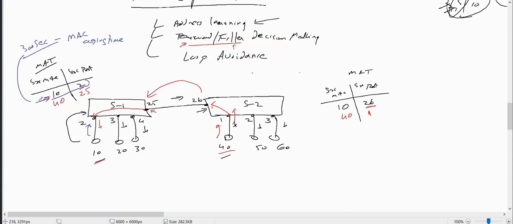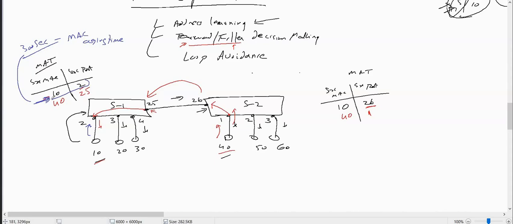MAC database. Exactly. So you mean to say after a certain time period it will be removed from the MAC database? Exactly. 300 idle seconds. Keep that in mind. So this is where the timer is important. This is where relearning is important.